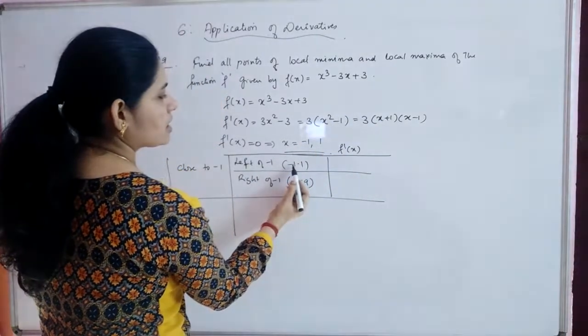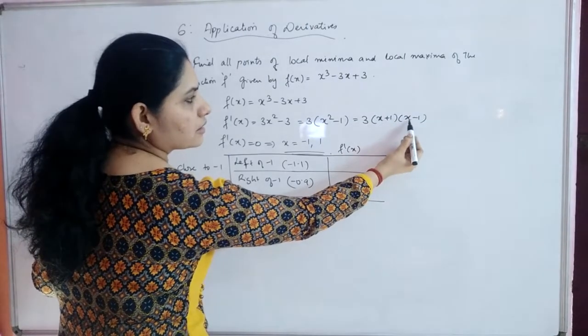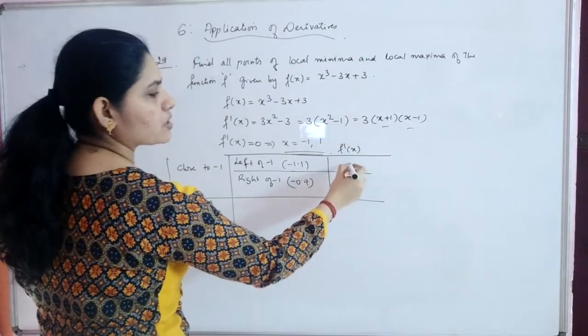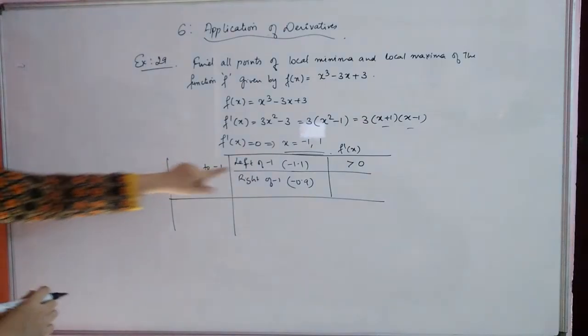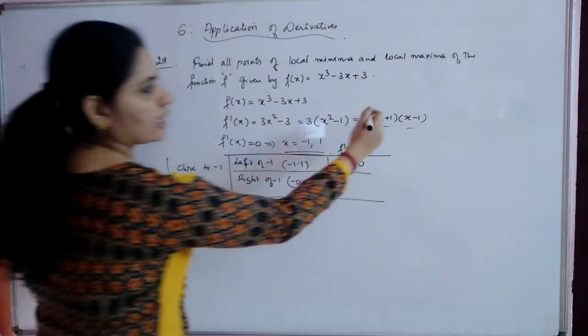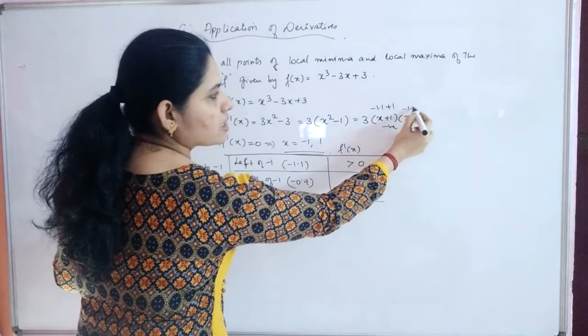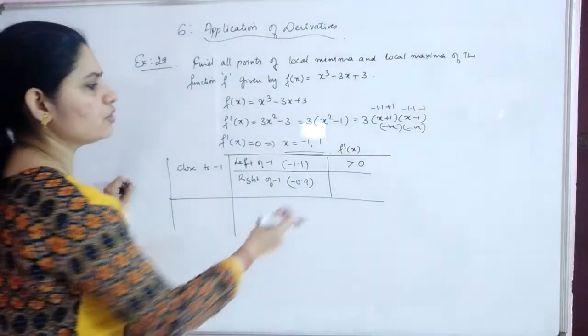So when you have minus 1.1, here you will get a negative, here negative, both will be negative. So negative and negative will give you positive, so you can say that f dash of x will be greater than 0 there, correct. This is minus 1.1 plus 1 which gives a negative quantity, again minus 1.1 minus 1 gives a negative quantity, and negative into negative gives positive.